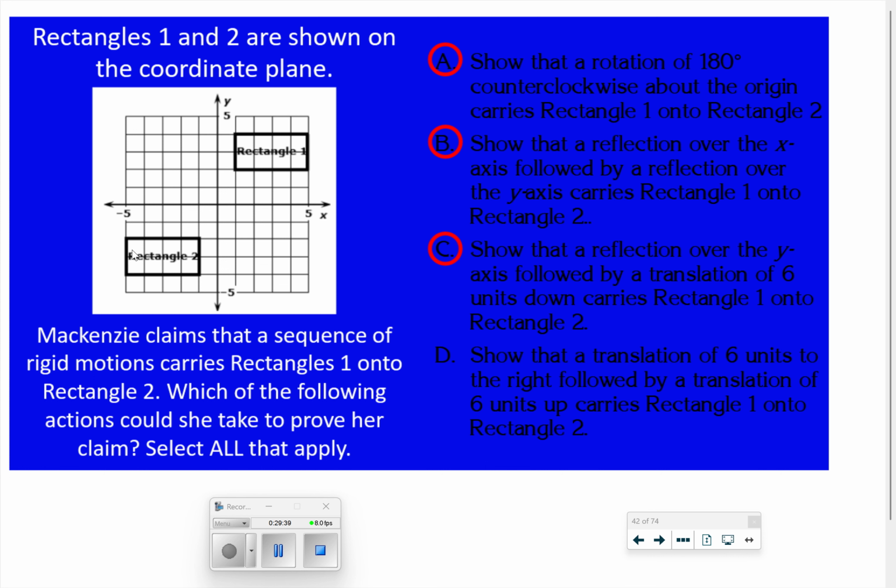Tricky here. If I go 6 units this way and then 6 units up, that will work. But the problem is that's from 2 to 1. You've got to go from 1 to 2. So they want you to slide it right and then slide it up, and that's off the graph. That doesn't work because we're going from 1 to 2. So D does not work, but A, B, and C do.